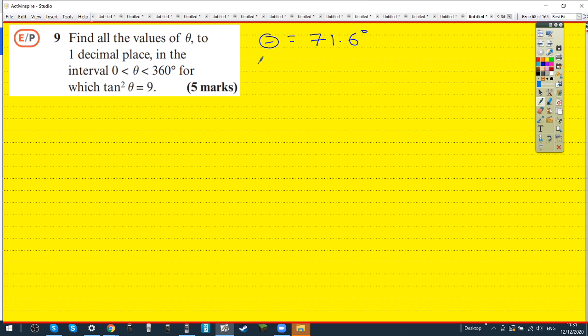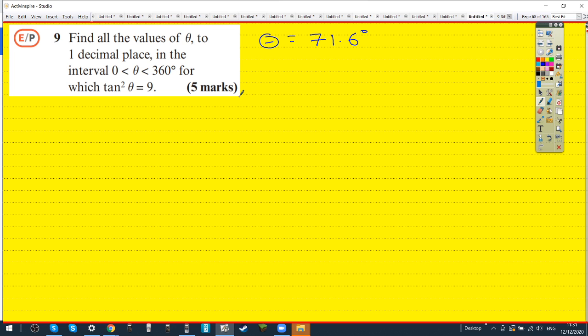Any more solutions? Would you do 71.6 minus 360? This is for tan, second answer, would be 180.